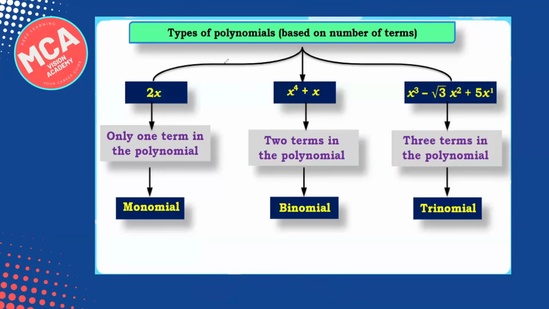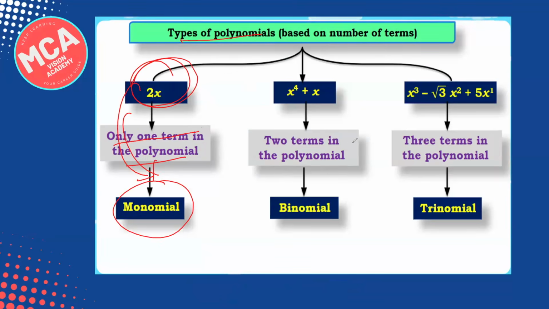So, types of polynomials. Here I've taken certain examples also. Monomial, as I told you, is only one term in the polynomial. That type of terms we call monomial. Again, I'm repeating the same.